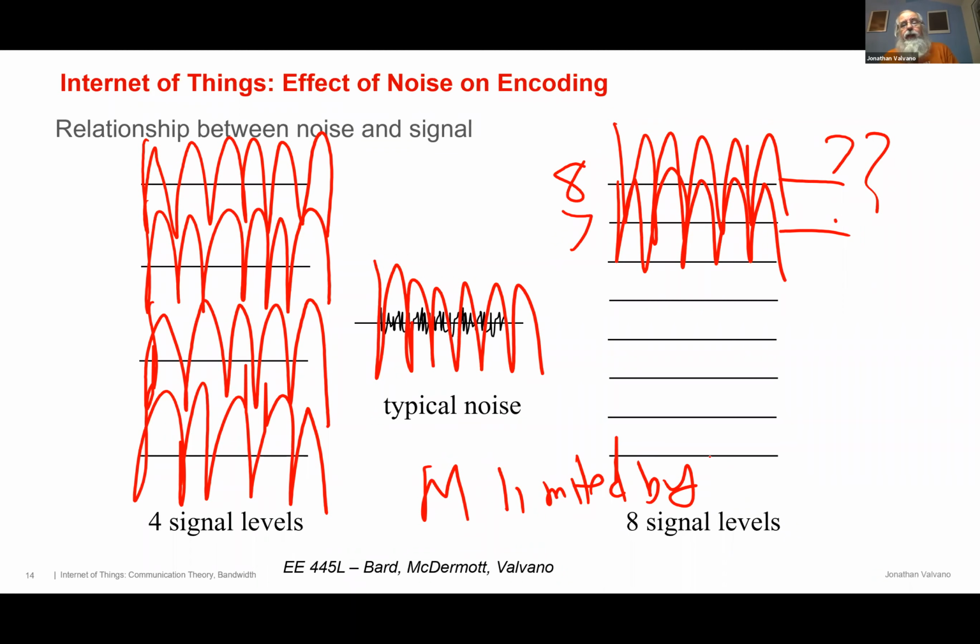If I were to average, that's a wonderful thing. If I were to average, what am I essentially doing? Reducing bandwidth. I'm reducing bandwidth, which means my FP went down.